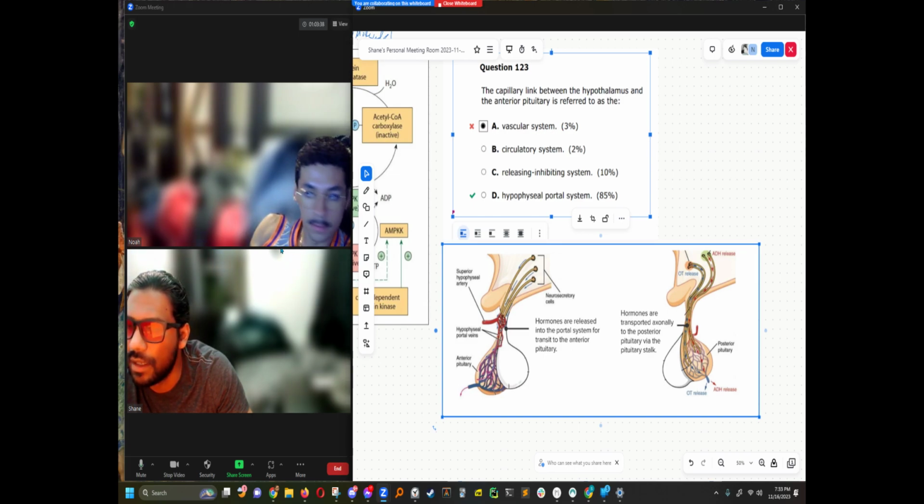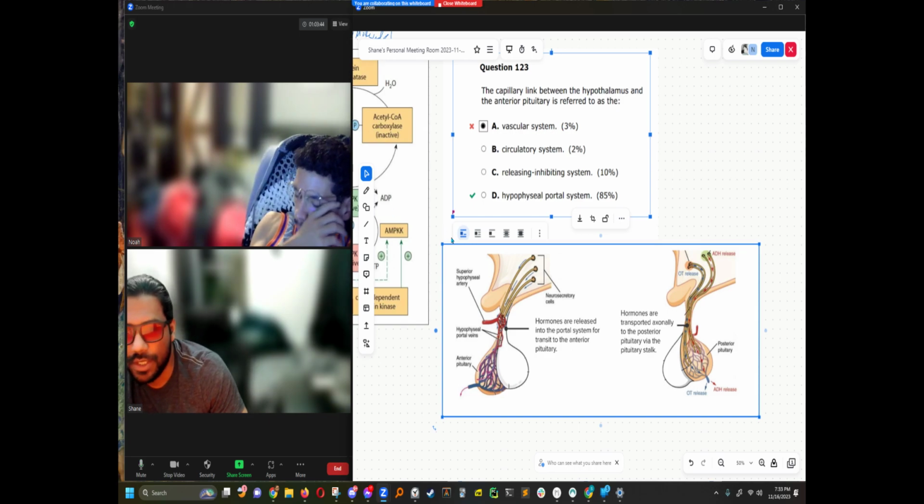Yes, I can. It's around the hypophyseal portal. So you see how over here there's no veins, no blood vessels here, but here you see that there are blood vessels.